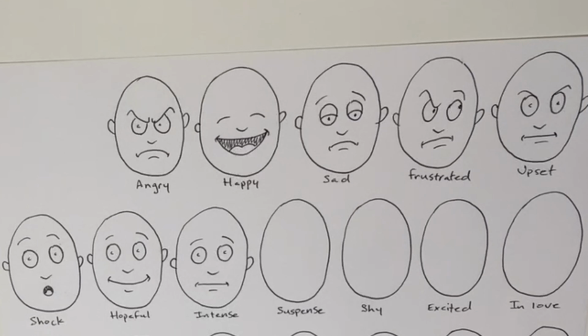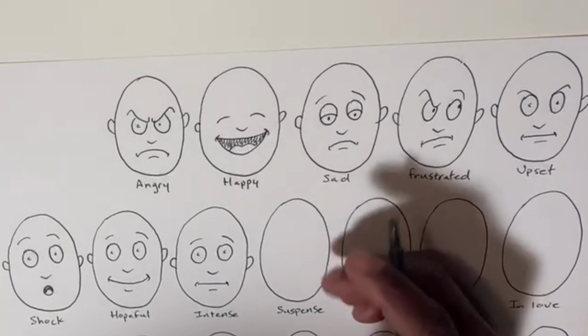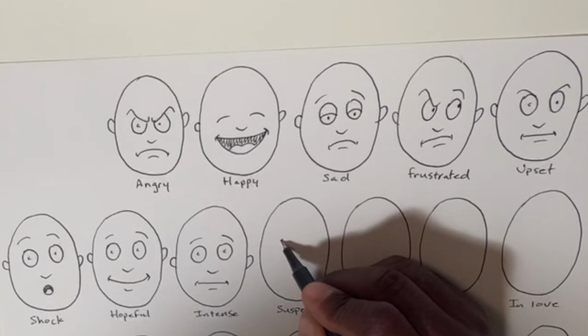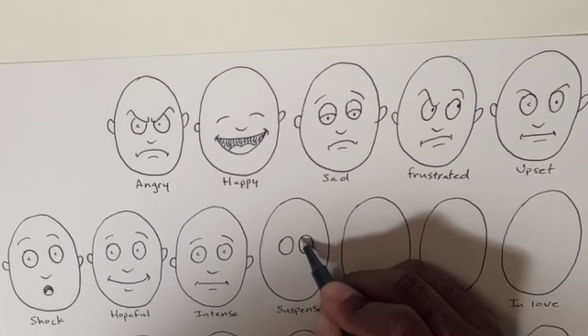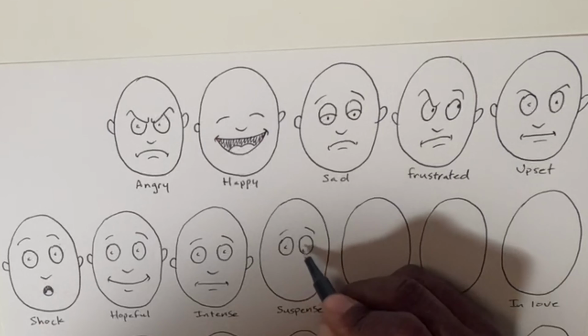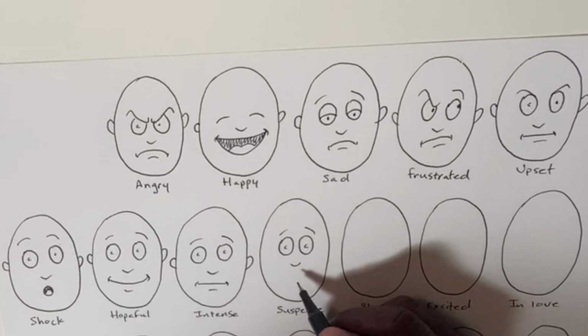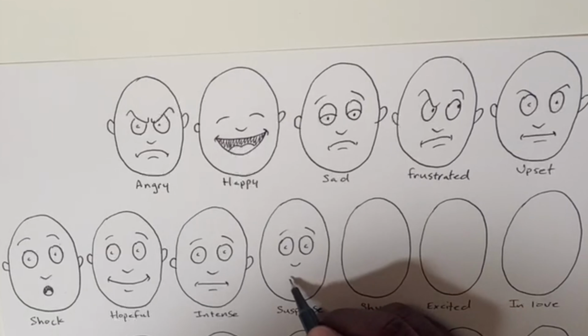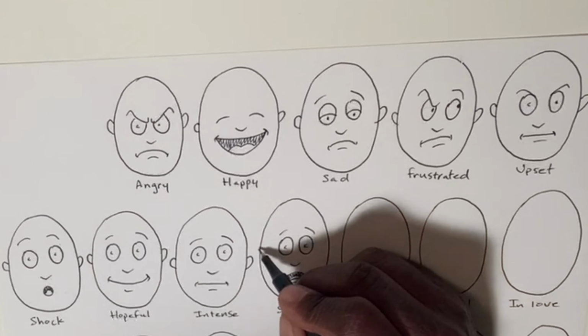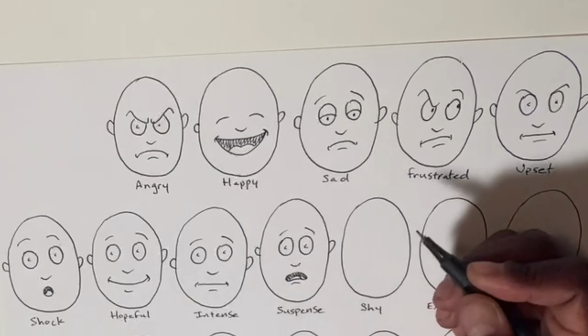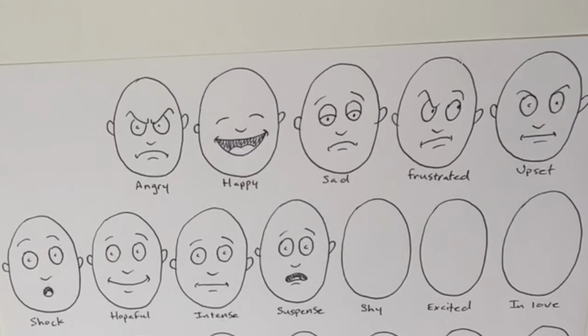Now we're going to move on to suspense. Suspense, the eyes could be a little closer together. Eyebrows a little aiming downward. Mouth kind of open. Not entirely, but slightly. That's suspense. All right, let's move on to shy.